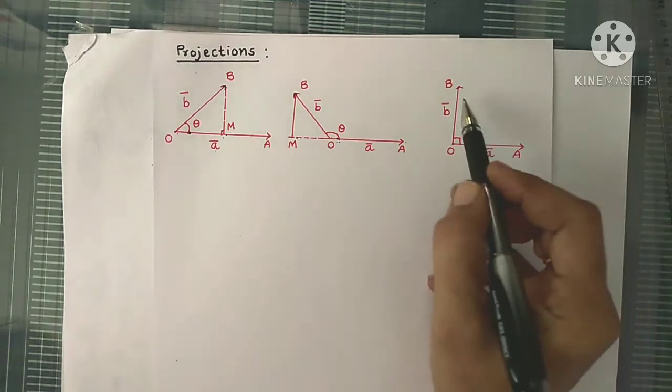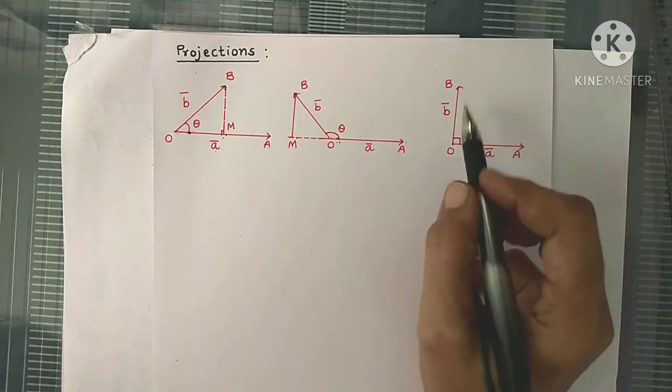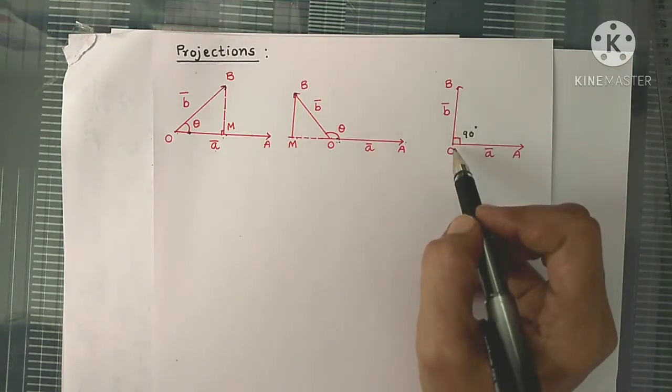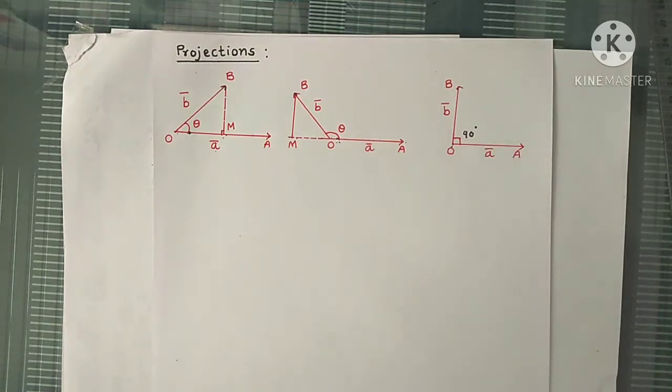And here, if I draw BM perpendicular to OA, then M and O will coincide, as we already have the angle as 90 degrees. So BO is already perpendicular to OA, and O and M are the same.